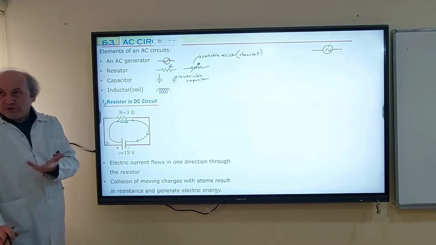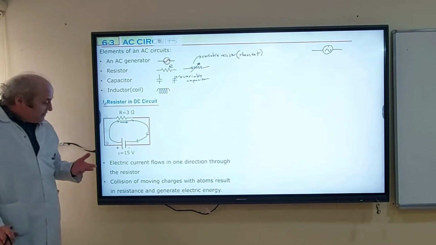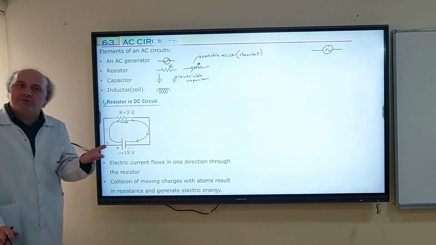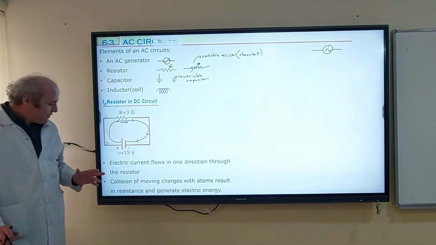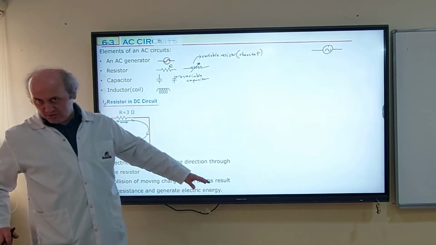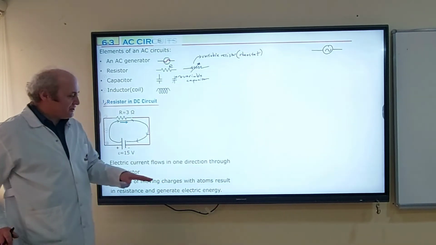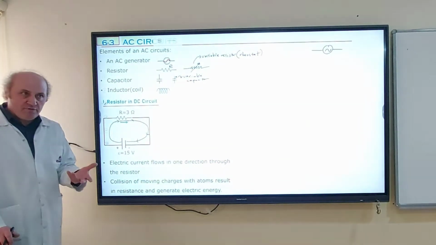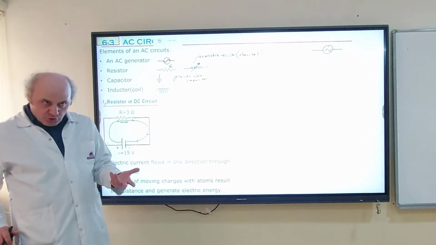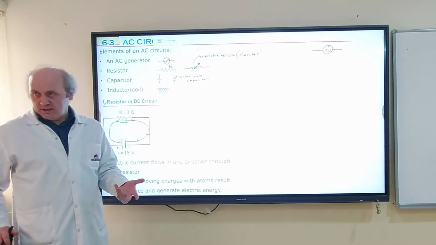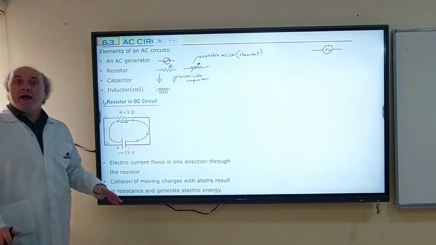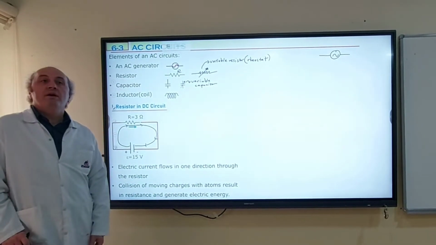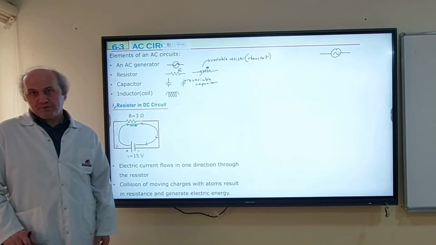Electric current is the motion of electric charges, we learned this before. These moving charges collide with other atoms or other electrons which are not mobile. The collision of the moving charges with other atoms or particles in the material results in resistance. We defined this before. Because of these collisions, the mobile electrons lose their energy.